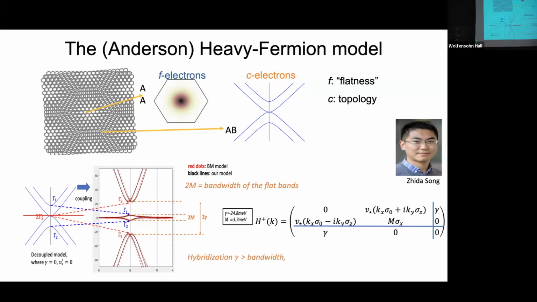I used one gamma 3 for the F electrons. So the remainder is a gamma 3, a gamma 1, and a gamma 2. And the reason why I'm putting them like this is because of particle-hole. Okay? So what does this do? Well, gamma 3 is a two-dimensional representation, and these are one-dimensional. So I can just write the band structure of the remainder of the bands, and it is this.